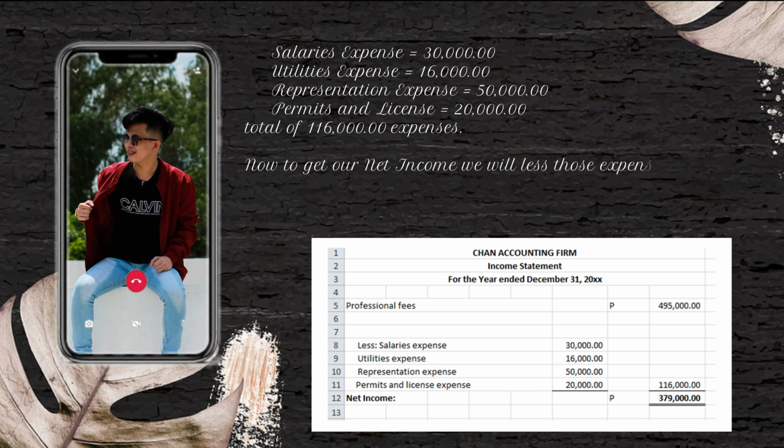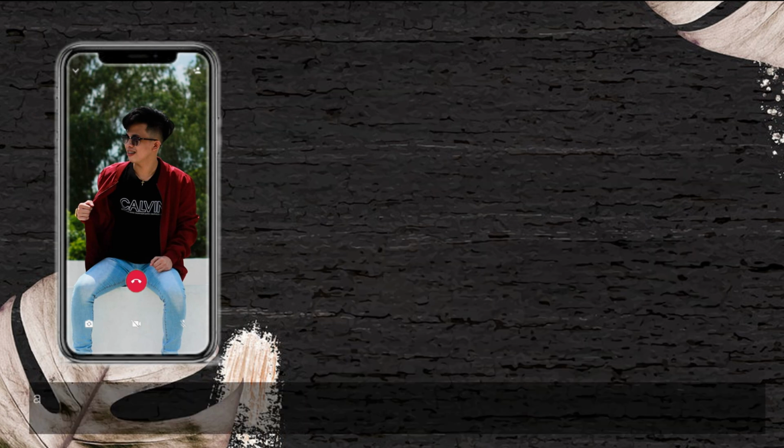Now, to get our net income, we will less those expenses from our professional fees. 495,000 minus 116,000 is equal to 379,000. And that is how to get the net income in the income statement.